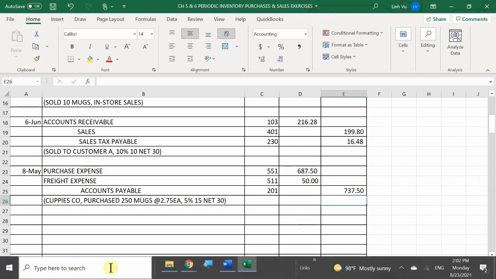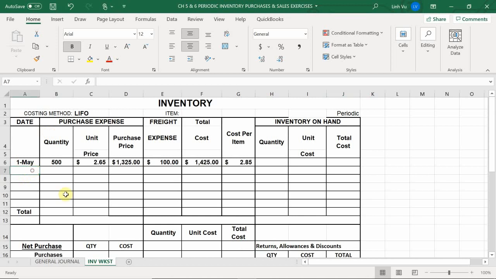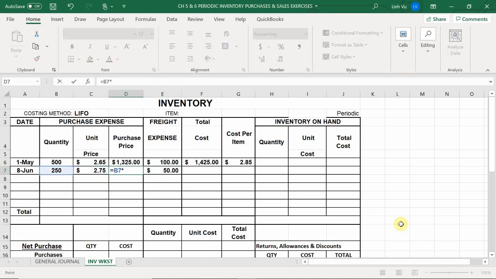So let's plug these numbers into my inventory worksheet, since we made a purchase of inventory. We bought 250 items at $2.75 each, with the freight costing $50. So what's my total purchase price? $687.50.